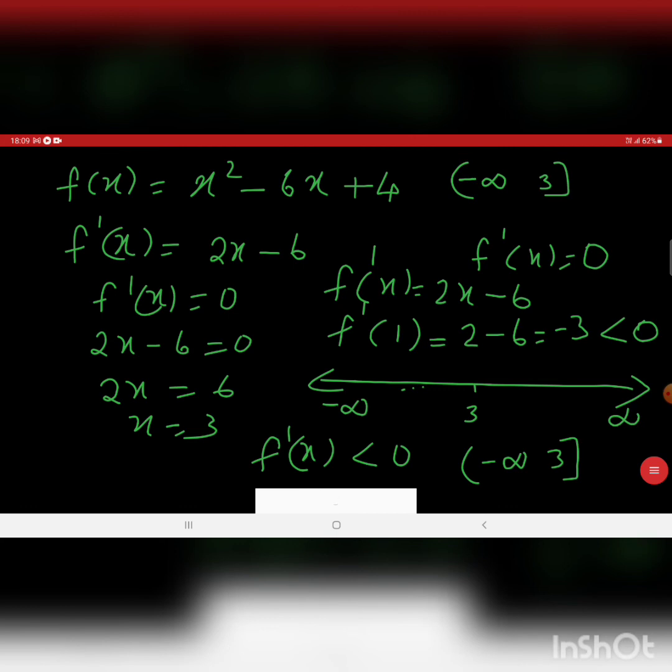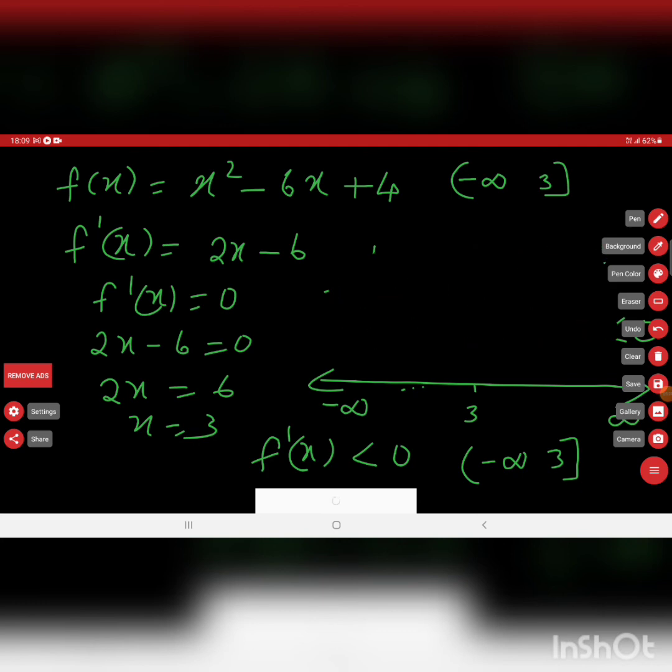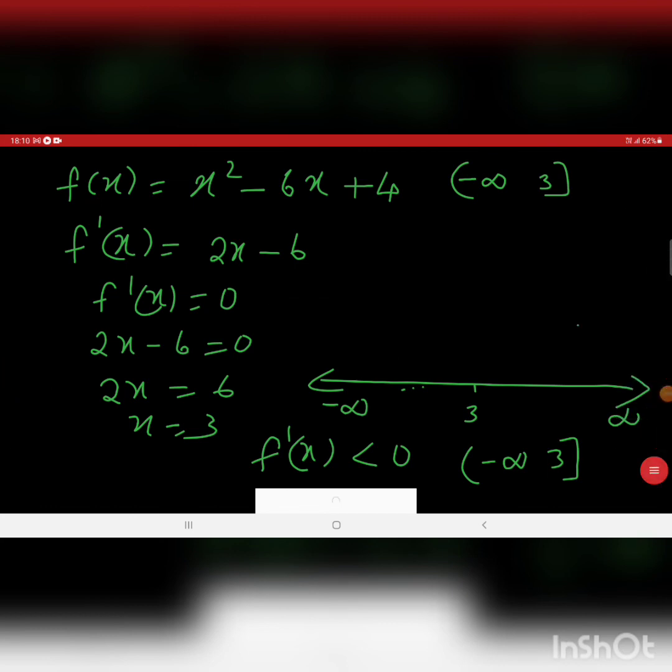Now we have to check in 3 to infinity. Let us take one point in that interval.